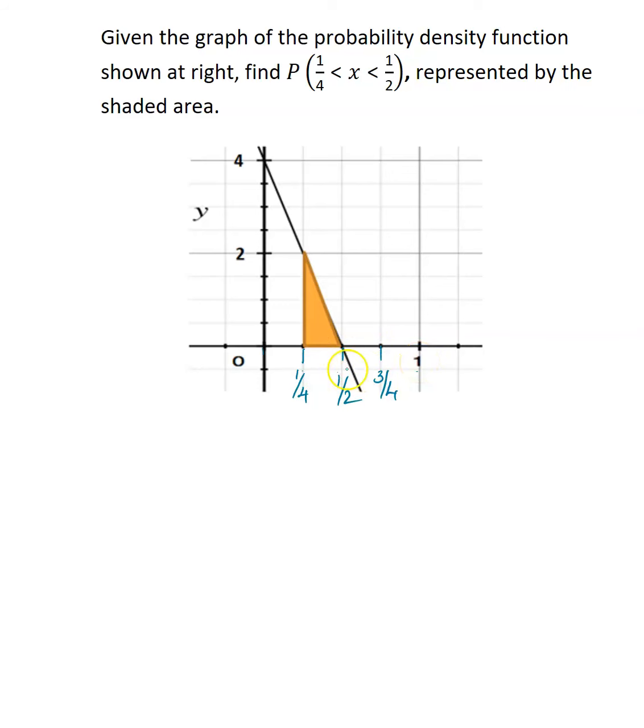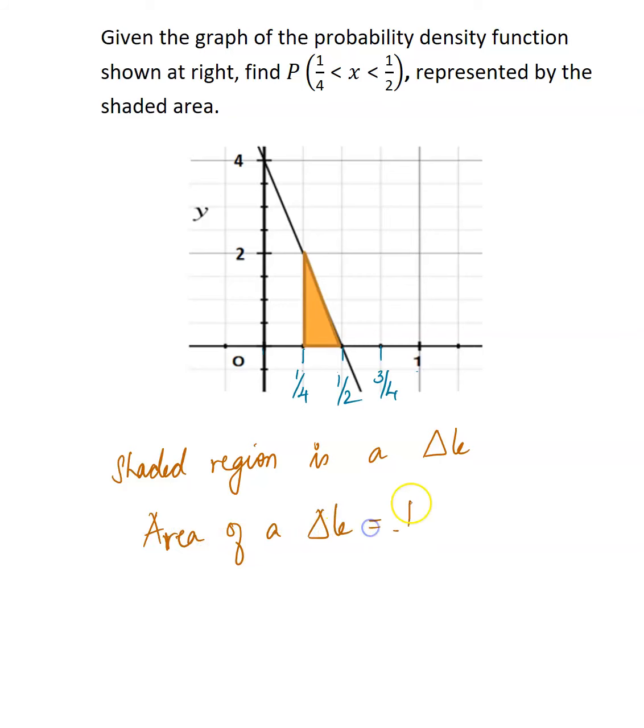Now clearly the shaded region is a triangle. So I'll just say the shaded region is a triangle. And the area of a triangle is half times base times height. So the base would be this distance between the 1/4 and the 1/2.